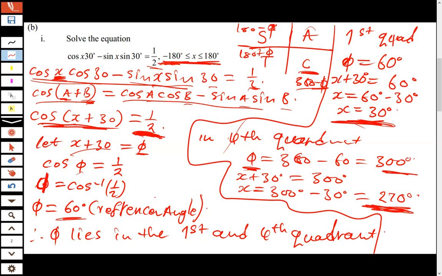Does it mean that 270 is not part of the answer? The answer is yes. So the only answer that we are supposed to write in your conclusion is x is equal to 30, because we know that 30 is between negative 180 and 180, but 270 is above 180, meaning we disqualify 270 and we get x is equal to 30 degrees as our answer.